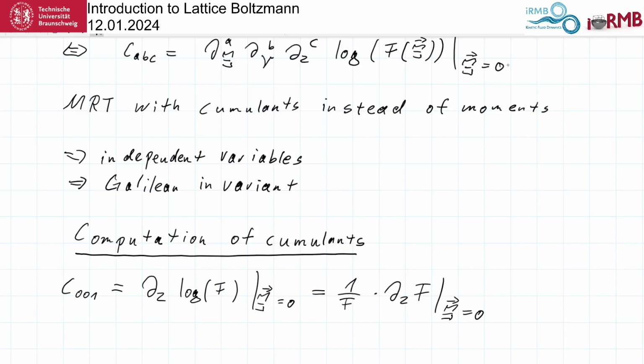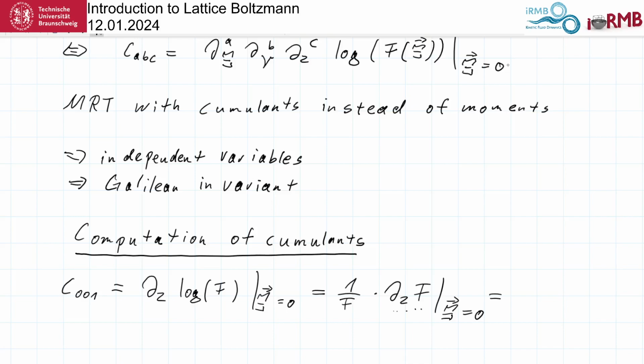After applying the chain rule, we have eliminated the logarithm, and what we are left with is a derivative of f. And the derivative of f is the definition of the moment. So what we discovered is, even though the direct computation of cumulants is difficult, by applying the chain rule we can obtain an equation that gives us the cumulant in terms of moments.